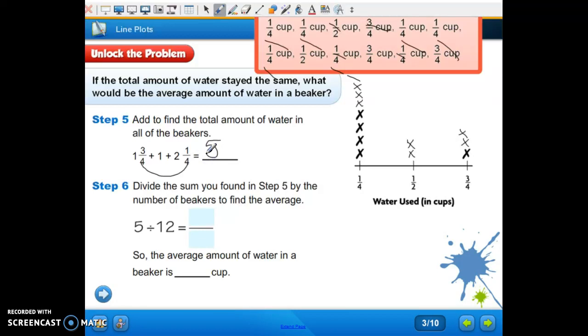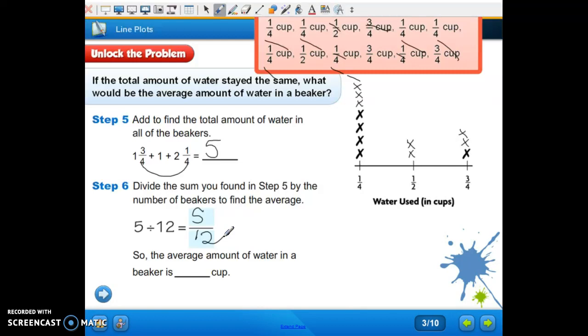Divide the sum you found in step 5 by the number of beakers. Okay, we counted earlier. How many X's did we have? Do you remember? 12. So we have 5 cups divided by 12. When we find the average, we add all our scores, or in this case, the cups of water in our beakers, and we divide it by the number of beakers.